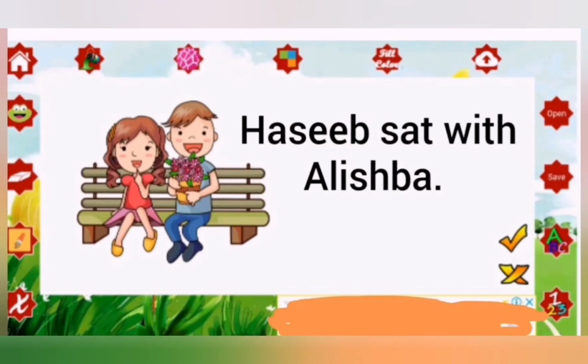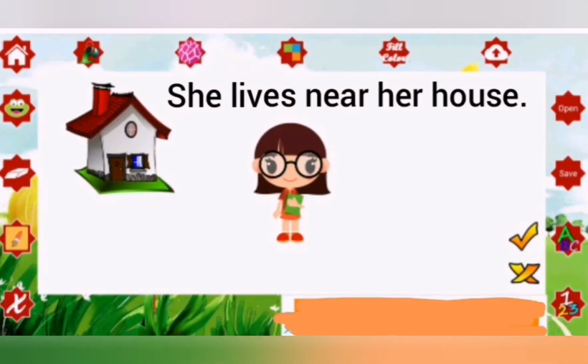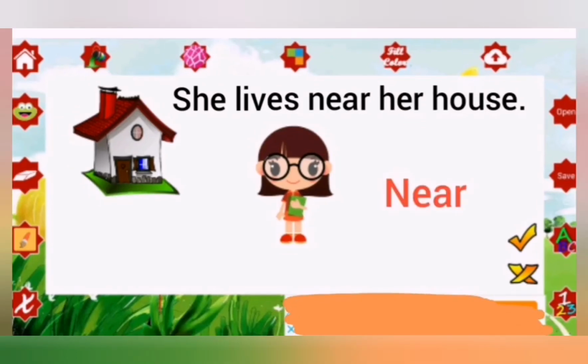Hasib sat with Alishba. In this example, with is a preposition. She lives near her house. In this sentence, near is a preposition.